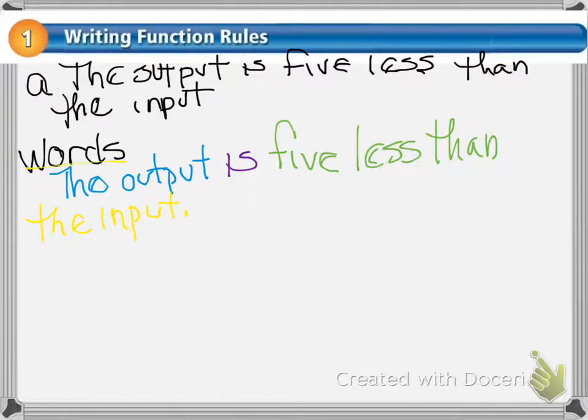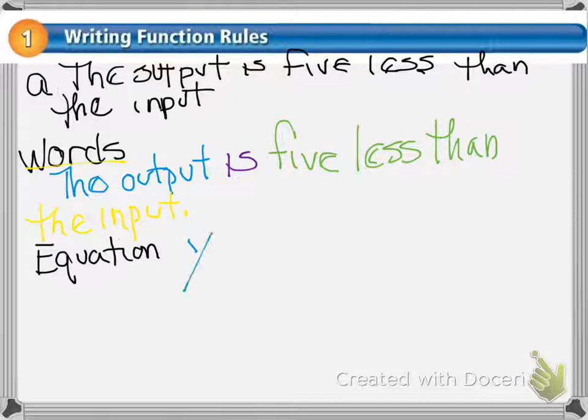Let's make an equation now. Here's the equation that represents those words. Okay, so let's first look at the input. Now, the input is what variable? So the input is our independent variable, and our dependent variable is the output, which is y.